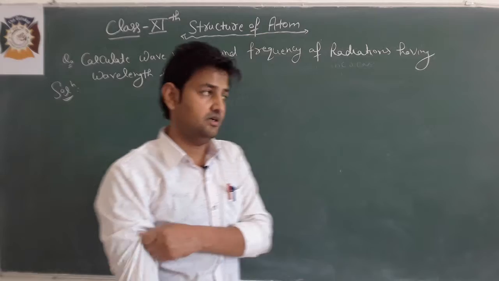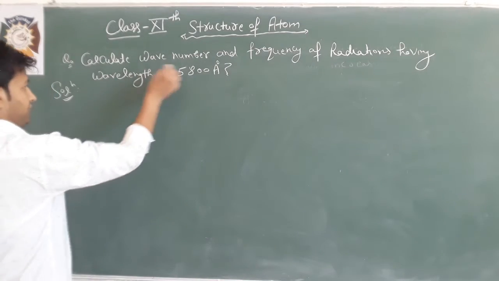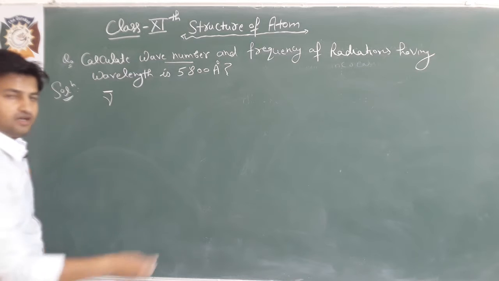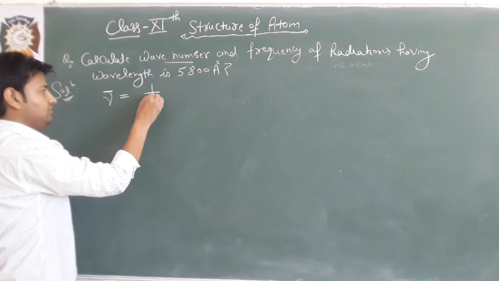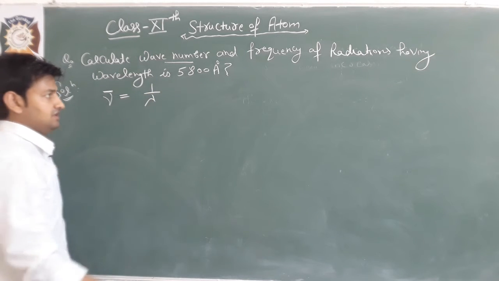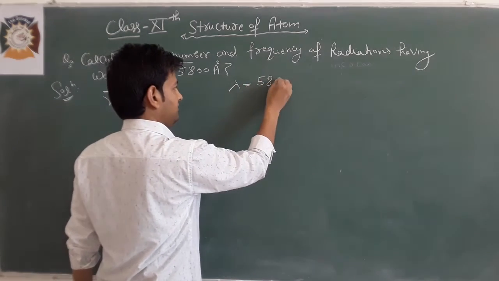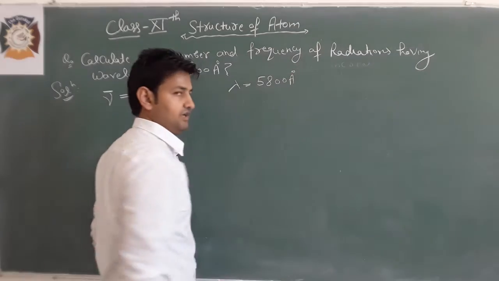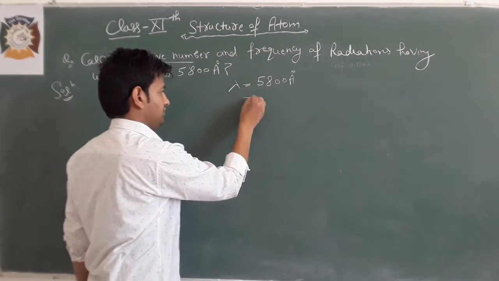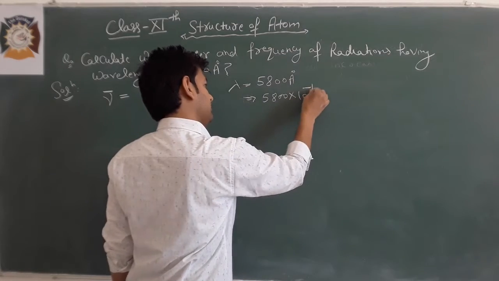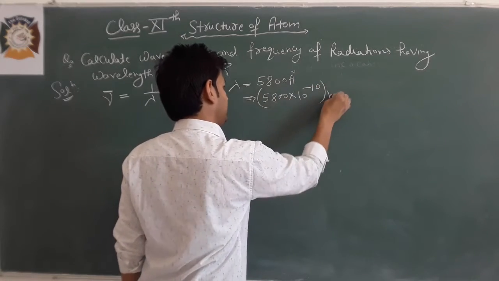We know that wave number is represented by nu bar and it is equal to 1 by lambda. Lambda given here is wavelength, 5800 angstrom. It can be converted into meter, so it is 5800 into 10 to the power minus 10 meter.